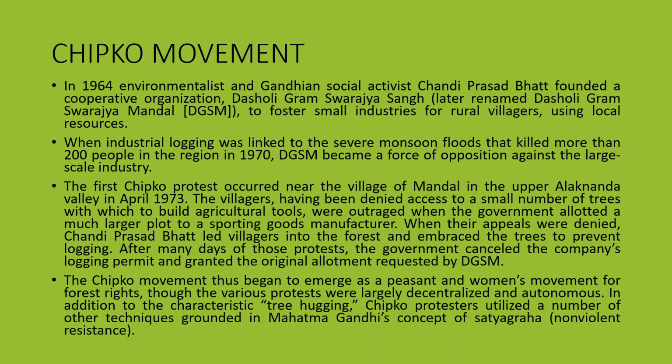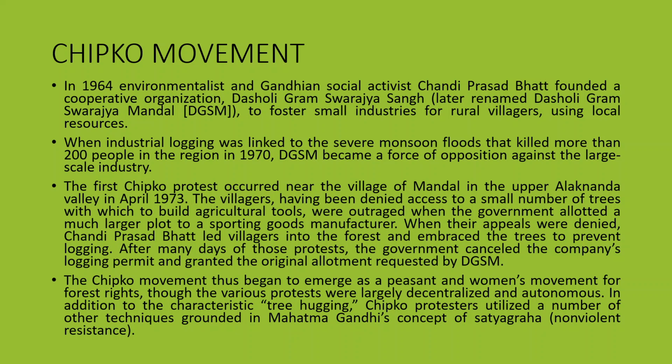So this is all written here. In 1964, environmentalist and Gandhian social activist Chandi Prasad Bhatt founded a cooperative organization, the Dasholi Gram Swaraj Sangh, later named the Dasholi Gram Swaraj Mandal, to foster small industries for rural villages using local resources.